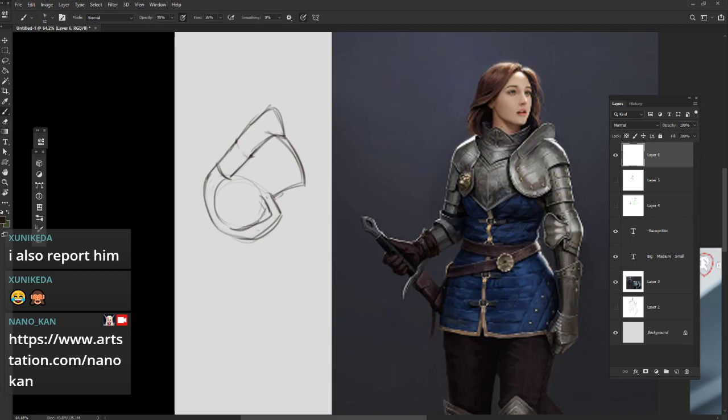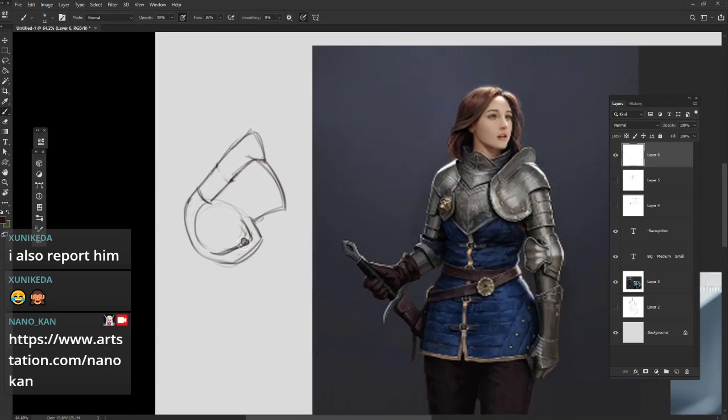Nice. And now the small parts. And now you have your armor.